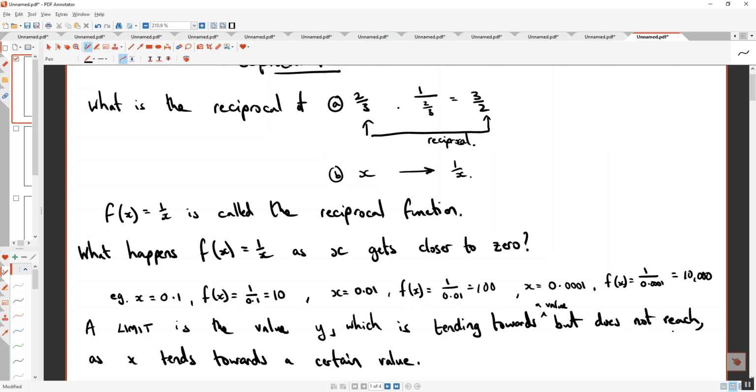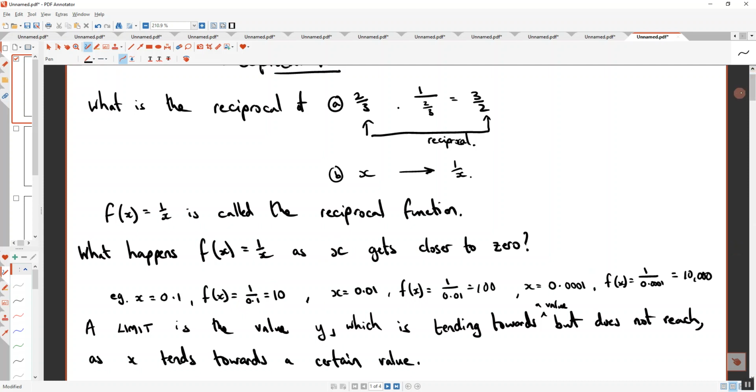So the limit for the first one is 10. But we wouldn't say that. No. Because 10 is the value when x is 0.1.